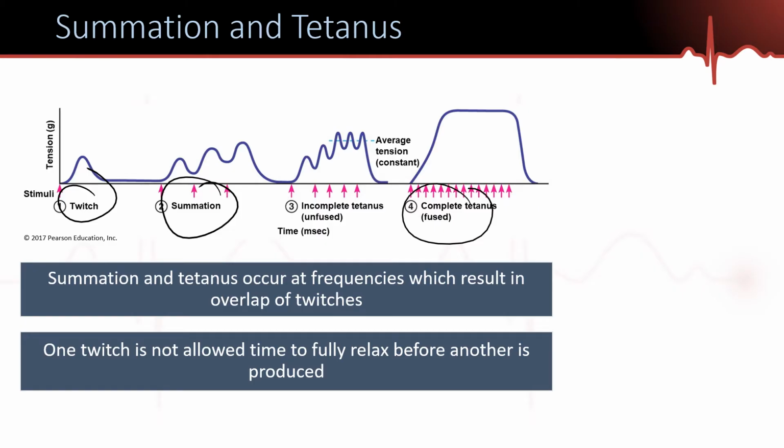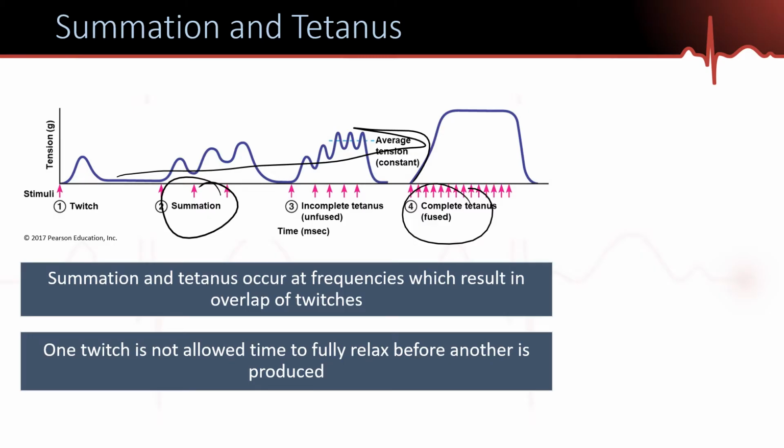Let me show you something real quick. Here's a twitch, right? You can see the whole process of the twitch playing out. It looks just like the graph that we just looked at. There's the twitch. And over here on the right is something called tetanus, which is when the skeletal muscle fiber generates maximal sustained force.